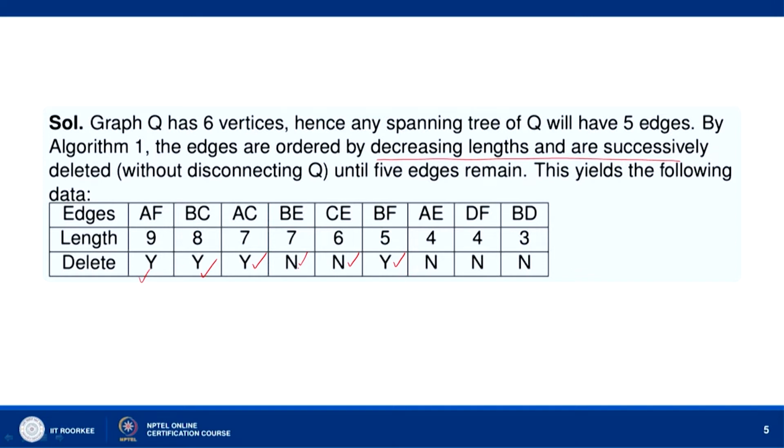So, now how many are remaining? 1, 2, 3, 4, 5, 5 are remaining. So, with the deletion of this edge BF, we have in all deleted 4 edges, and therefore, the remaining 5 edges give us the minimal spanning tree, and that is the following.